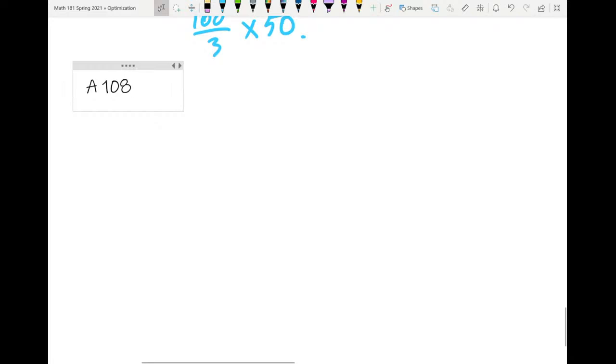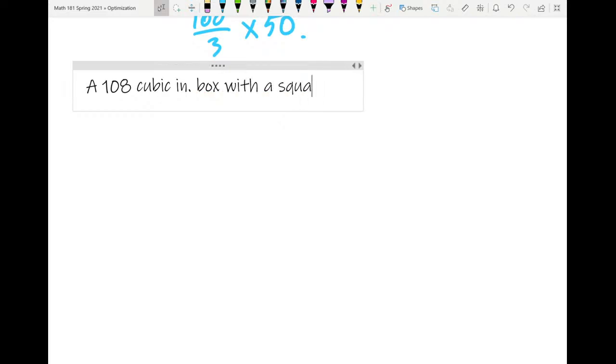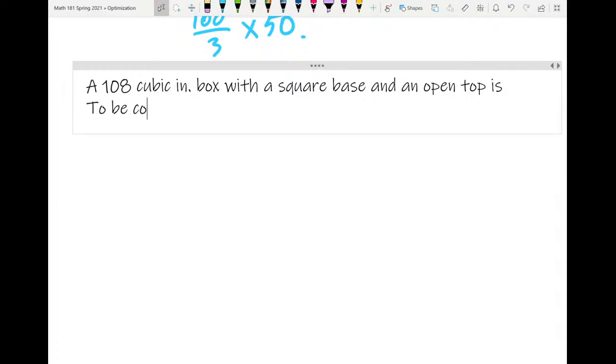A 108 cubic inch box with a square base and an open top is to be constructed from a sheet metal of a given thickness.